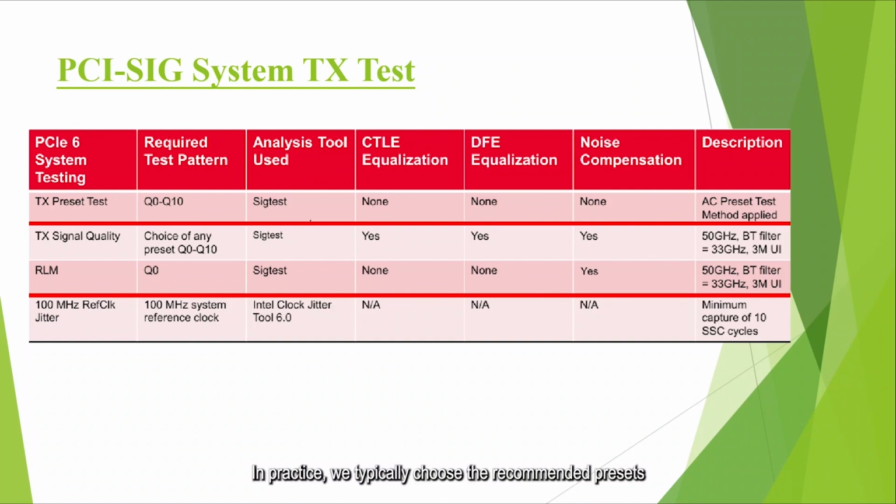In practice, we typically choose the recommended presets Q5, Q8, and Q9 to check whether the eye remains open. For the RLM test, only Q0 is allowed, and again, CTLE and DFE must not be enabled for compensation. Finally, a clock jitter test is also included as part of the system transmitter test items.